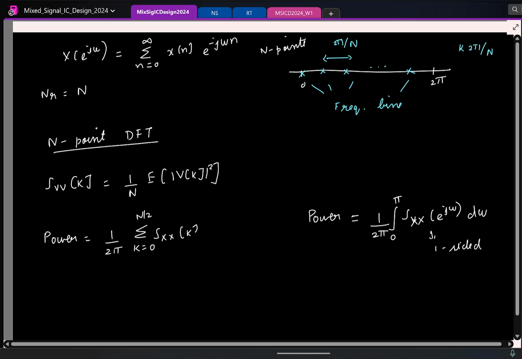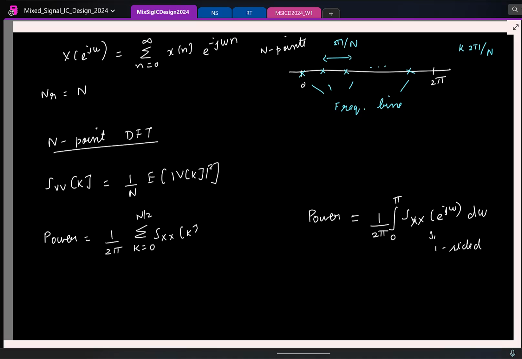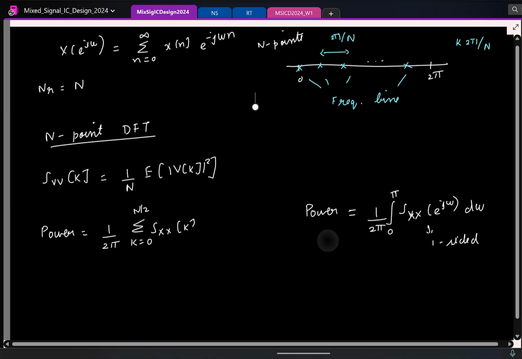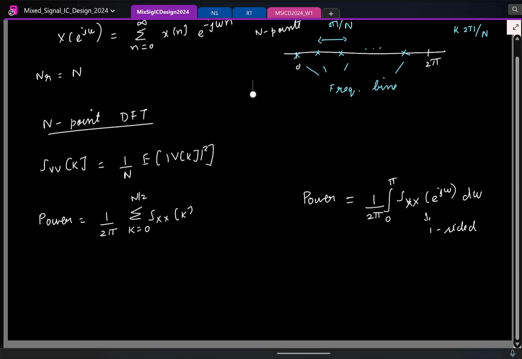That's the issue with continuous to discrete. We include till pi, and pi is n by 2 exactly. If you have large enough n, whether you sum till n by 2 or n by 2 minus 1 does not make a lot of difference, but in principle it is still n by 2. So S_xx of k times d omega.